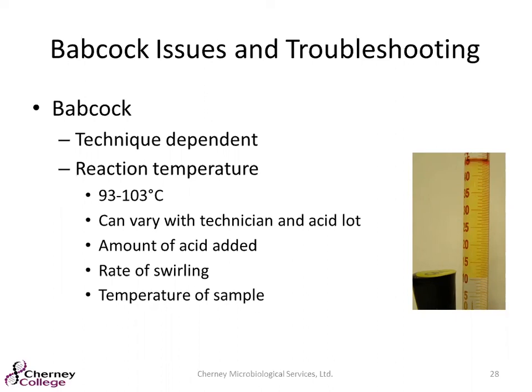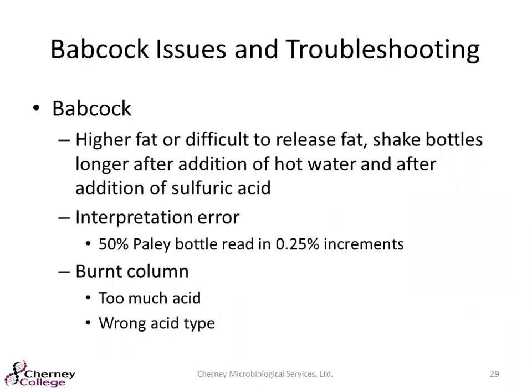It also varies based on the acid lot, so it can change slightly from those. So just really making sure that you hit that temperature in a short amount of time, and that you check that temperature for each sample. Also knowing that with higher fat, you might need to shake it longer, or you might have to add more acid.